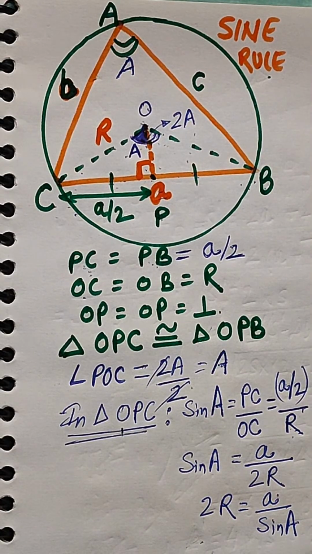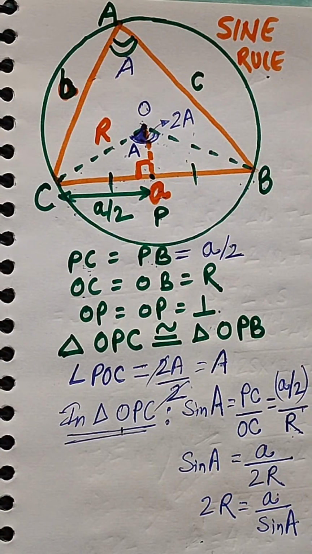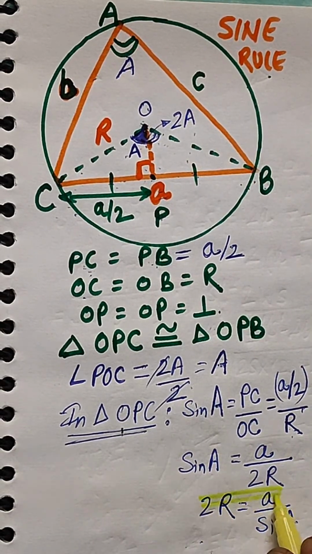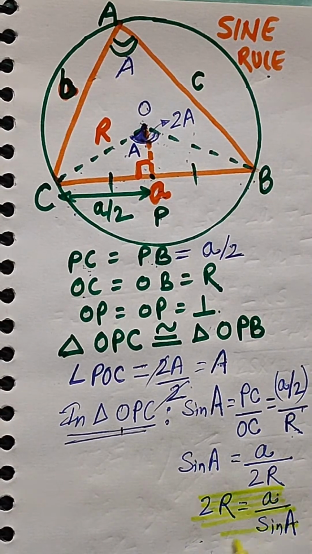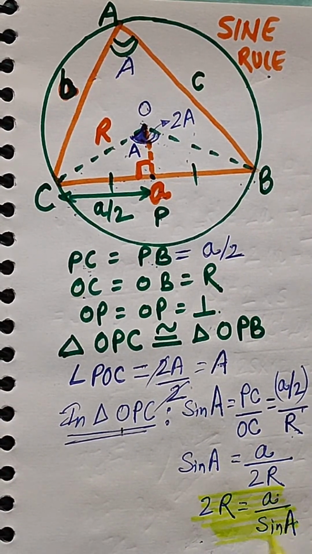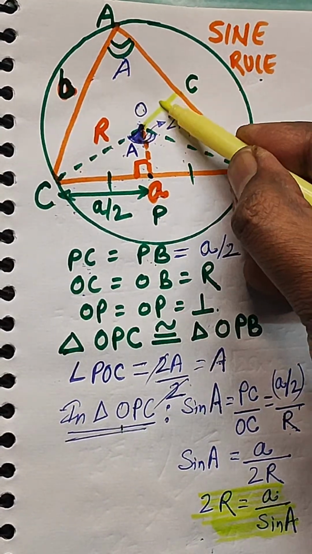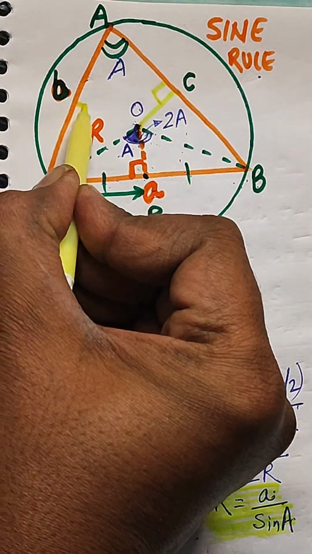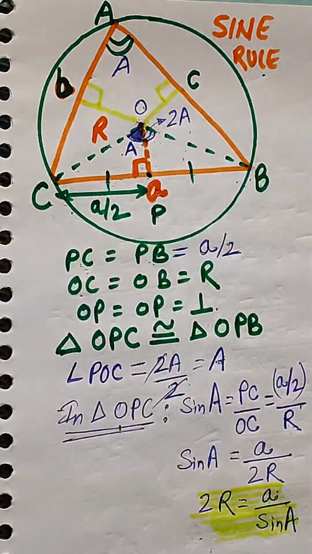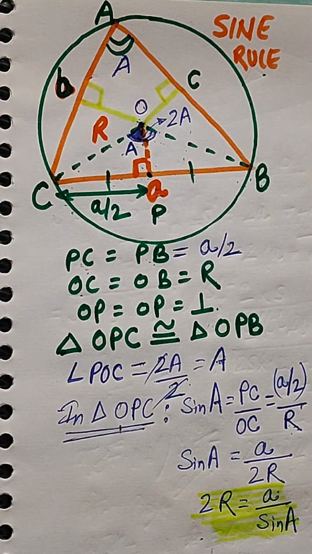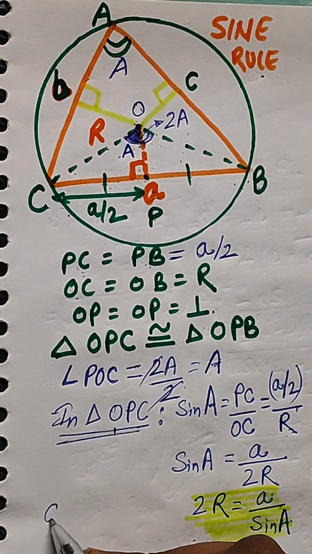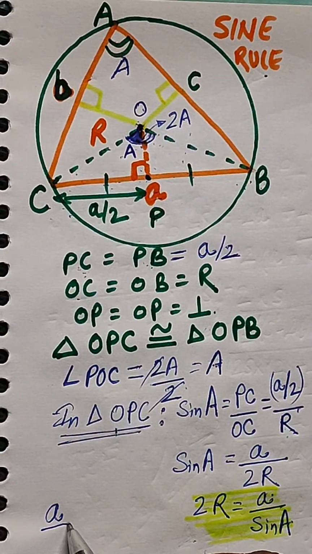So in this way we have proved part of the sine rule, that a by sine A is equal to 2R. Similarly, if you draw the perpendicular from O to C and from O to B, you are able to prove that, as we have proved a by sine A is equal to 2R.